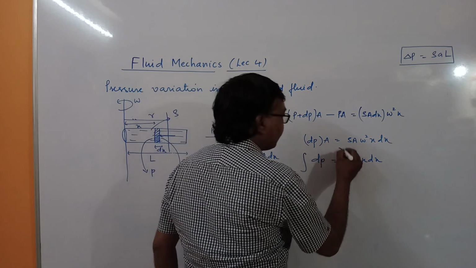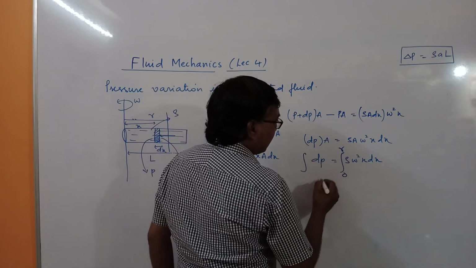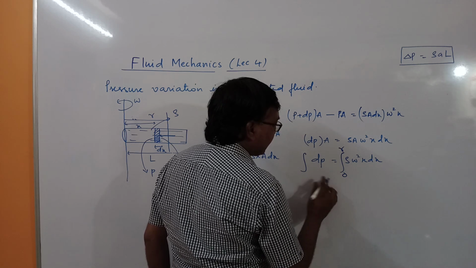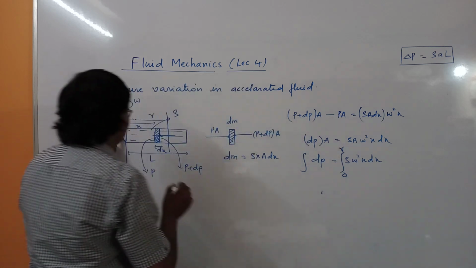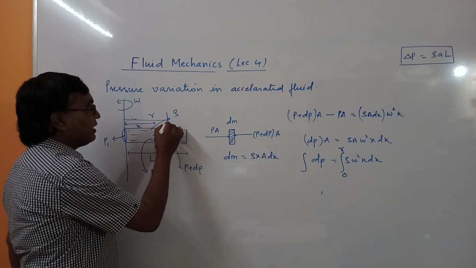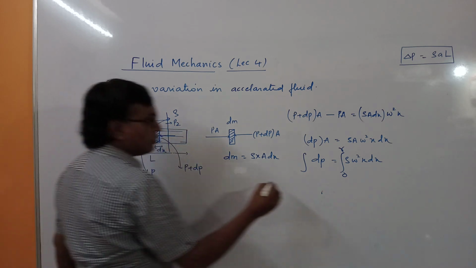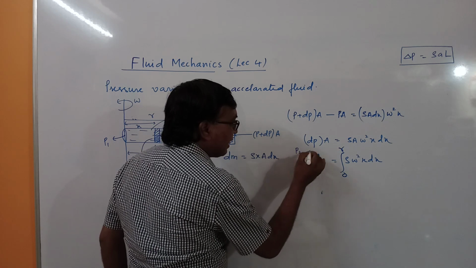So dP, that is delta P, the difference in pressure. Let us say the pressure at this point is P1 and here the pressure is P2. So at 0 it is P1, at R it is P2.